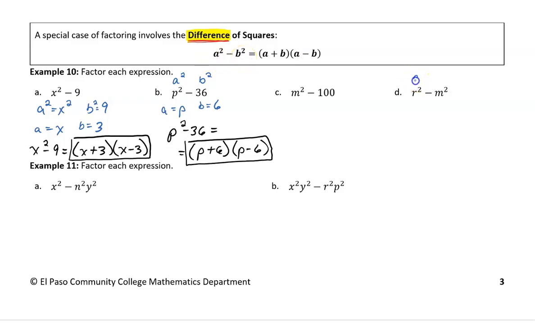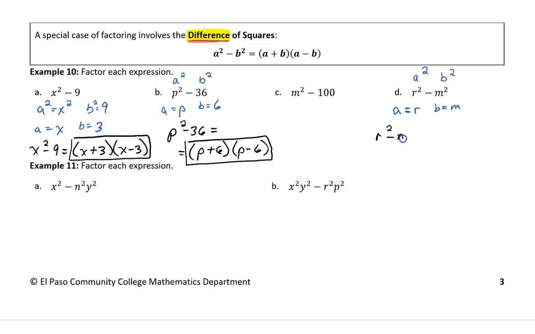So if this is my a squared, this is my b squared, my a value here, if a squared is equal to r squared, then we'll match up a with r, and then we'll do the same thing with the b. B squared is m squared, so we're going to match b and m together. And we follow the rule.